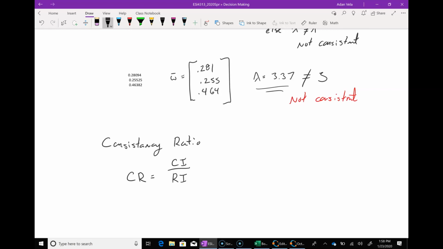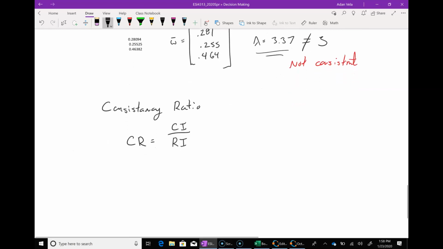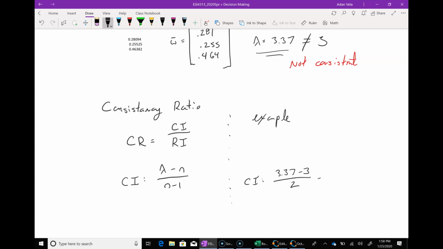To give you an idea of how we calculate that: the consistency index of the matrix we had is given by the lambda we found minus the number of features, divided by n minus 1. So in our example, our CI is equal to 3.37 minus 3 divided by 2.